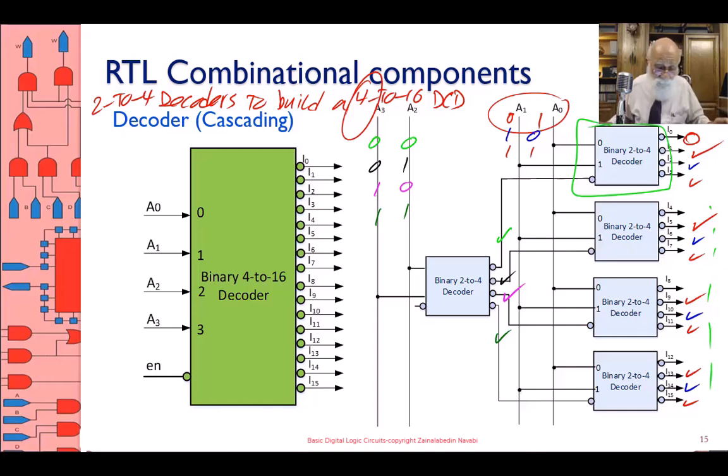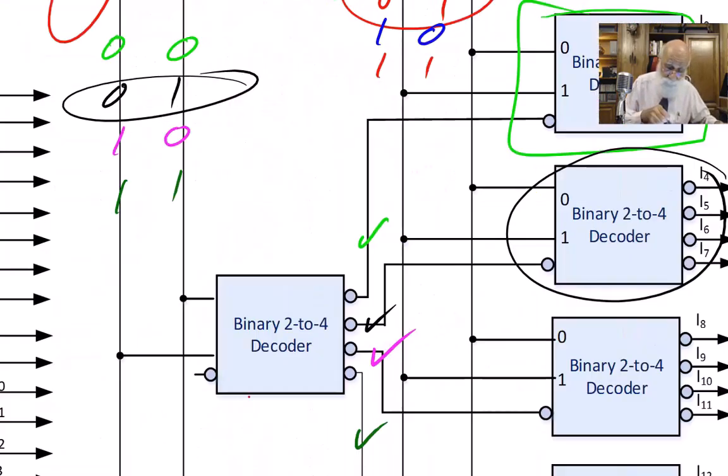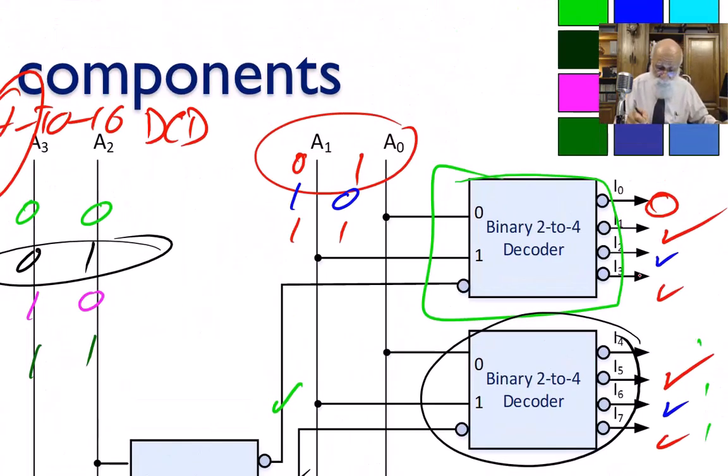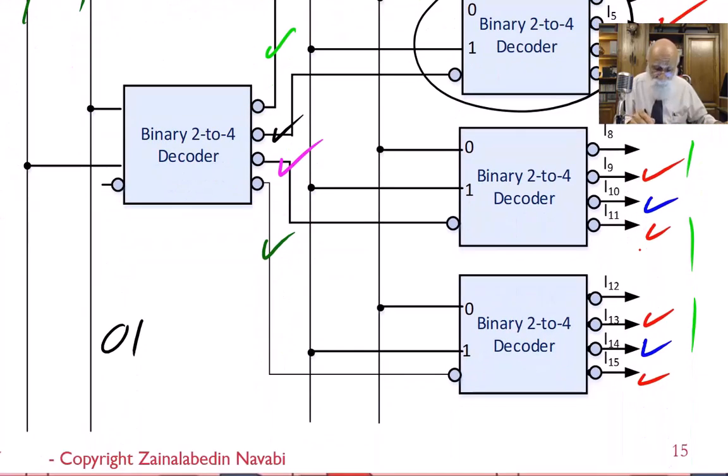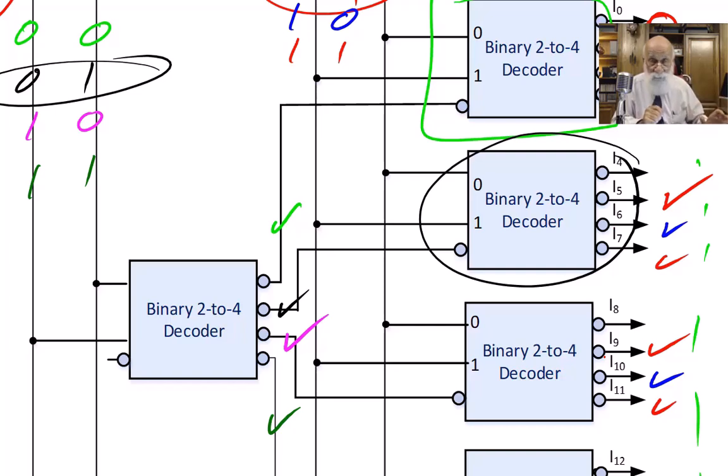And then, if I have this situation, 0, 1, only this is going to be active. That means I0, I1, I2, I3, I8, 9, 10, 11, 12, 13, 14, 15, these are all going to be 1s.